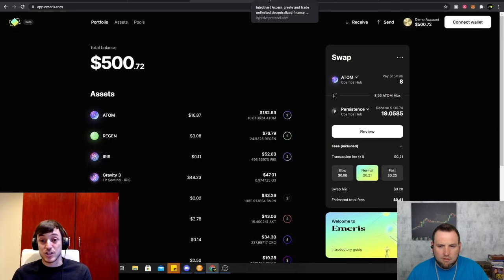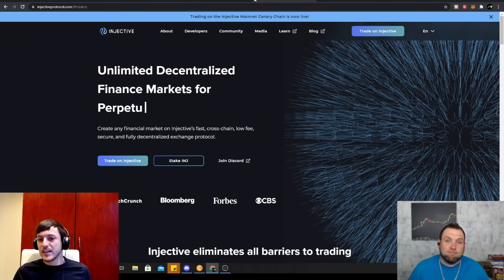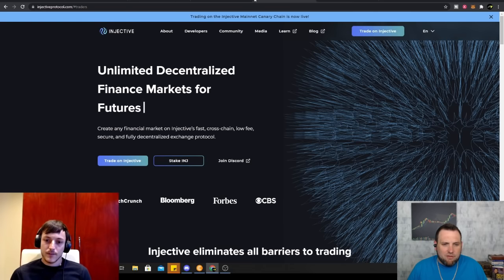The fact you can just swap from the Emeris dashboard by connecting Keplr is ideal for most people. When you think about it, a lot of people just want to quickly buy or sell some tokens, right? It's only us traders who kind of live in a different world. We have to look at these indicators, use stop losses, and I think that's what Injective caters more towards. I don't think I've heard of any other projects quite like Injective.